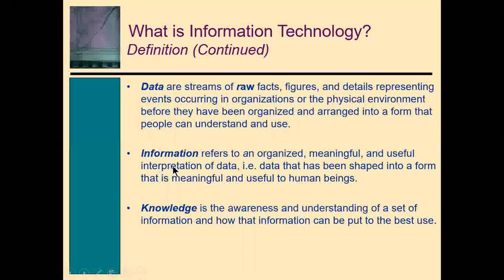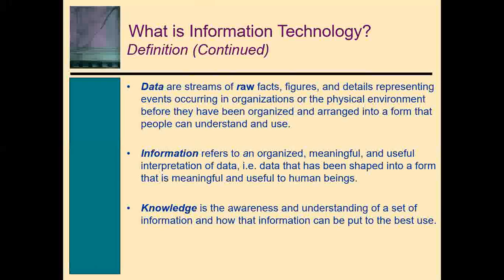What about information? Information refers to an organized, meaningful, and useful interpretation of data. Data that has been shaped into a form that is meaningful and useful to human beings as a receiver. So the receiver determines whether this is data or information.